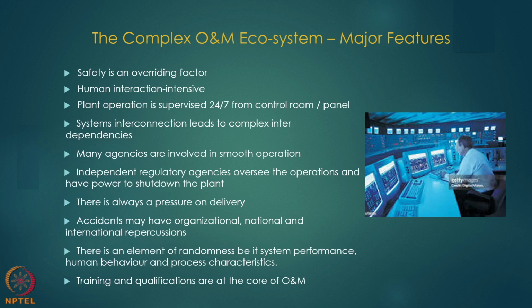Okay. And then it is but natural that safety is overriding, but again there is a pressure of delivery also. And it is right actually, because if my plant operates, it delivers electricity to the hospital also. In hospital patients are waiting, so we cannot say that the delivery is all that low on our optimization or operation.